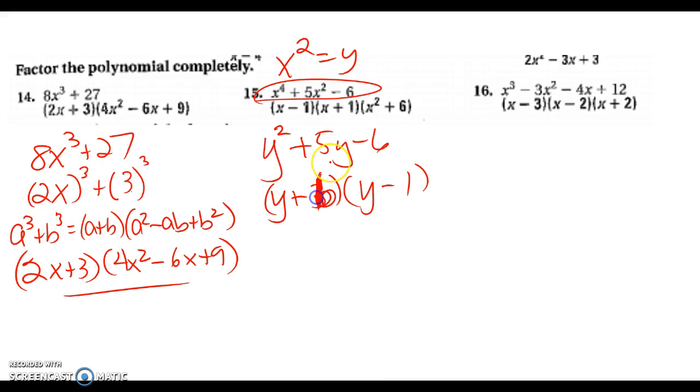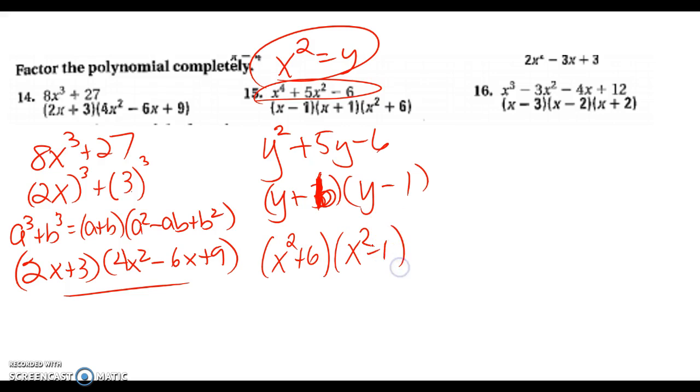That works. Y plus 6, y minus 1. So let's go back and substitute back in. This becomes x squared plus 6, x squared minus 1. Well, this is a difference of squares. The x squared plus 6 we can't do anything with, but the x squared minus 1 becomes x plus 1, x minus 1.